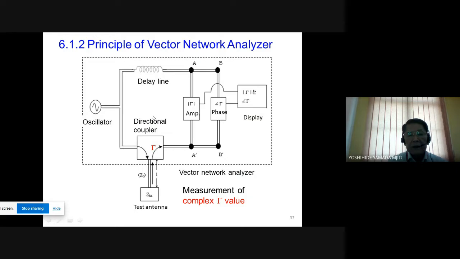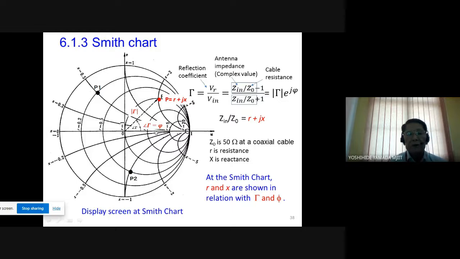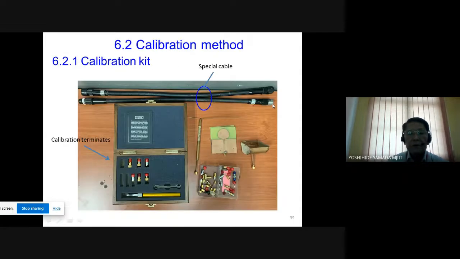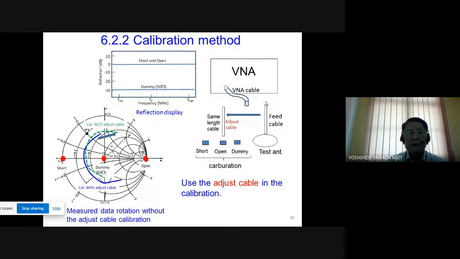The vector network analyzer measures reflection, and the amplitude and phase are shown on the Smith chart display. So from this point, we can calculate the input impedance. So at first, we must calibrate by using the calibration kit.